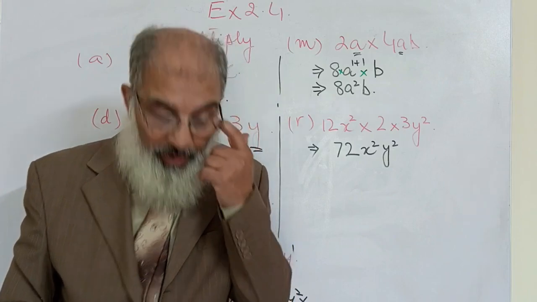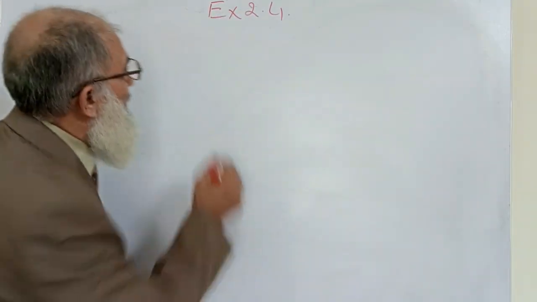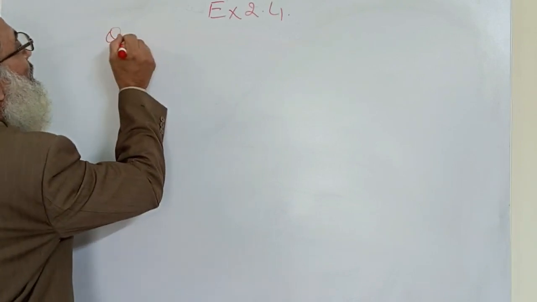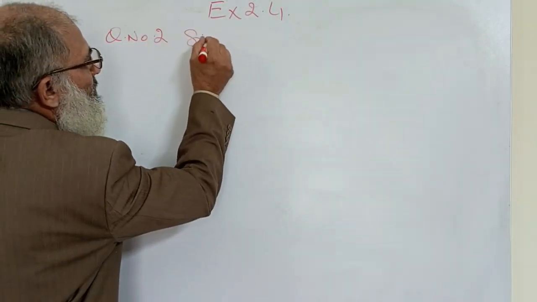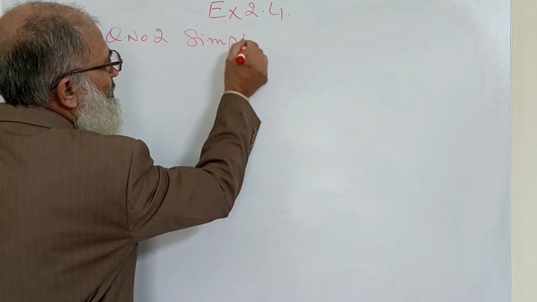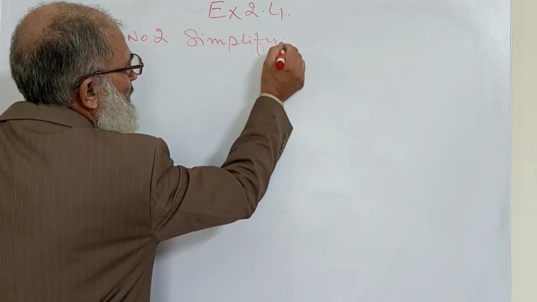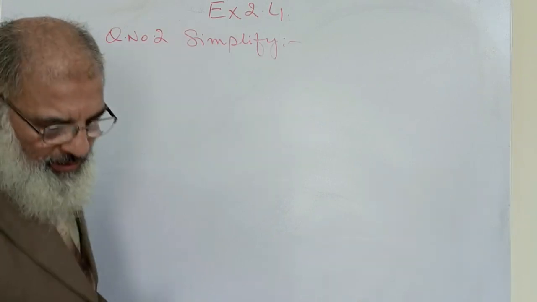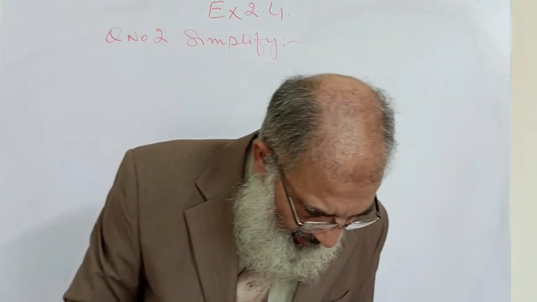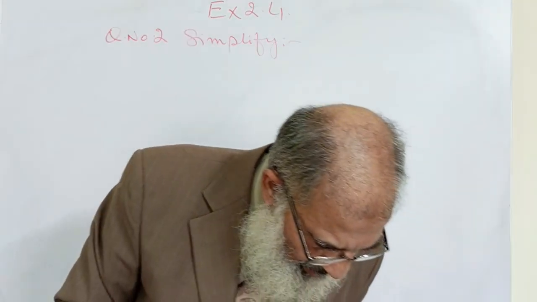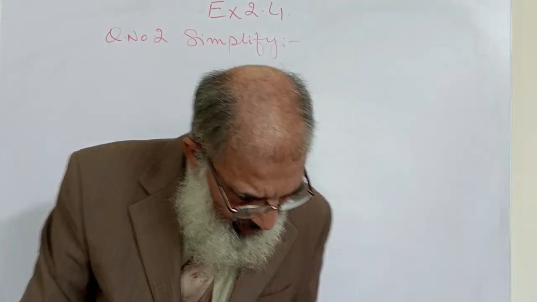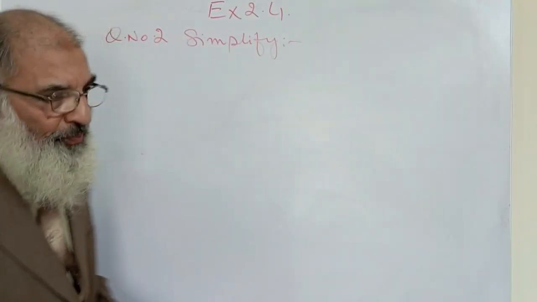Now let me proceed to question number 2. Question number 2 says to simplify. What we have to simplify is part A. First come, first go. 3 multiplied by 2x multiplied by 4.